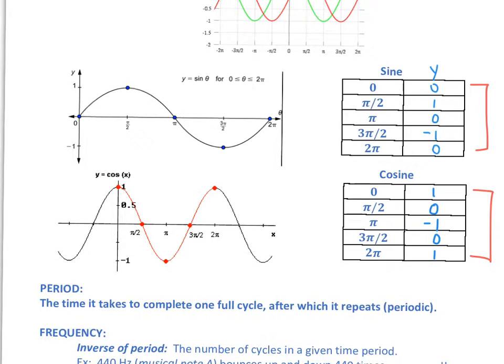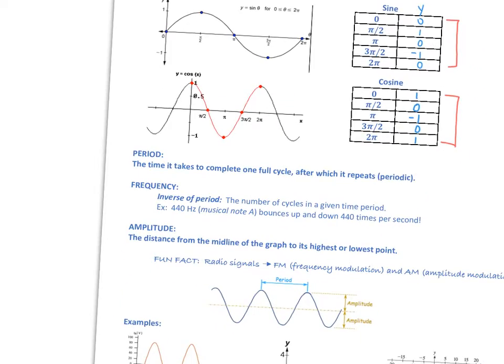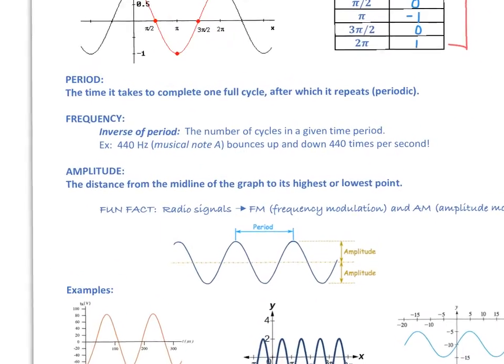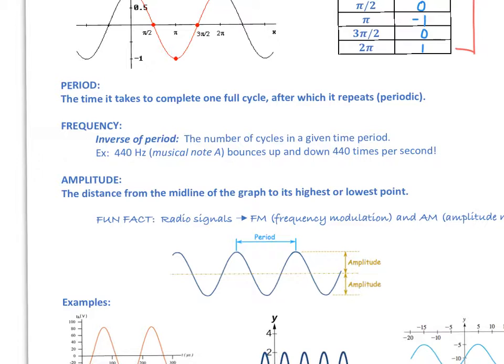All right. I kind of talked a little bit about the amplitude and the period length when we were looking at the EKG. So understand period length is the time it takes to complete one full cycle. After that it just repeats itself over and over again. And amplitude is the distance from the midline of the graph to its highest or its lowest point.